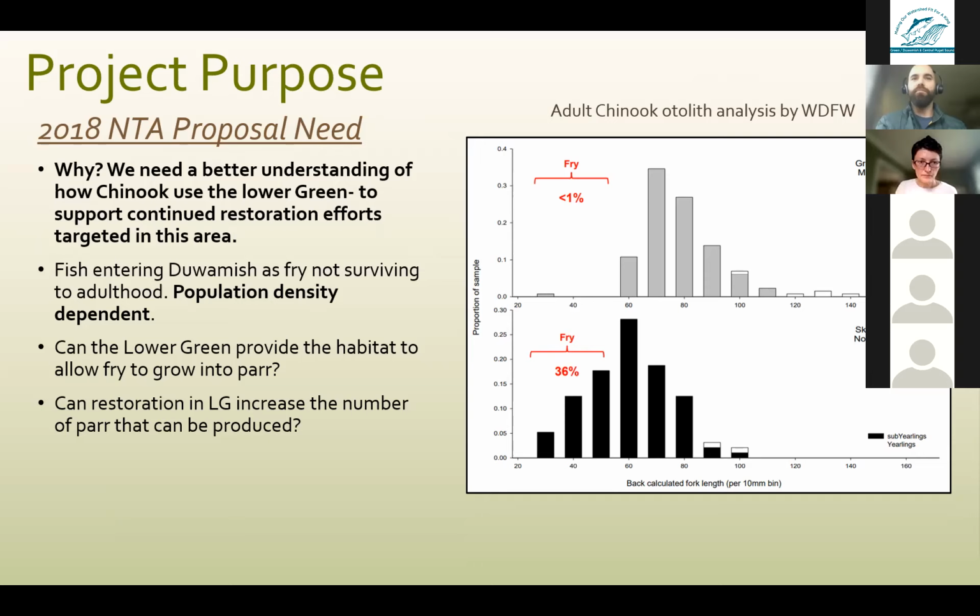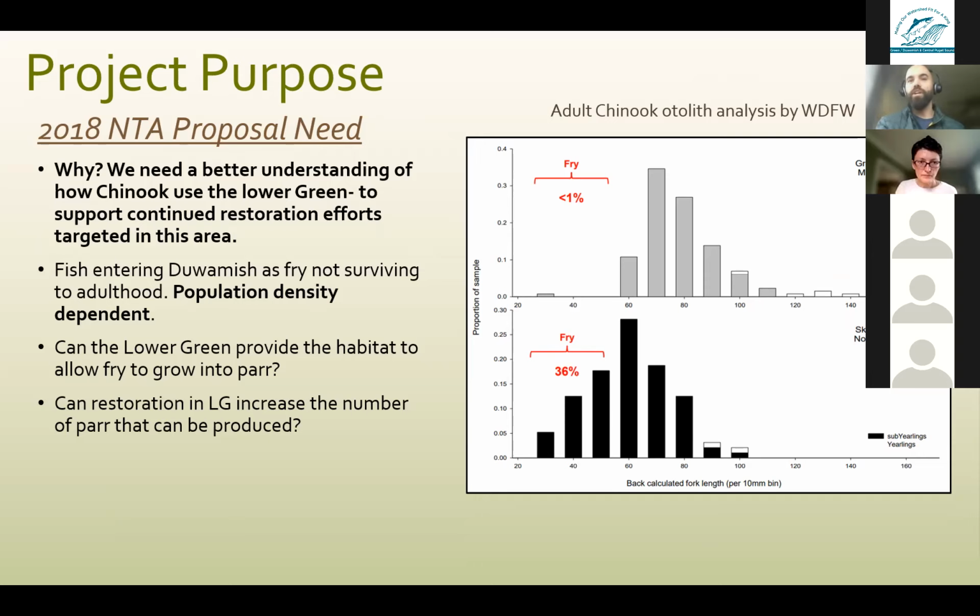The background work that led up to this was, as you guys are familiar with, the otolith work that DFW has done for us in the past. And we know that based on their work, the fish that are leaving and entering the Duwamish as fry are just not surviving to adulthood. So even though they're upwards of 50% of all of the juvenile Chinook in the river, they're only making up less than 5% of the adults.